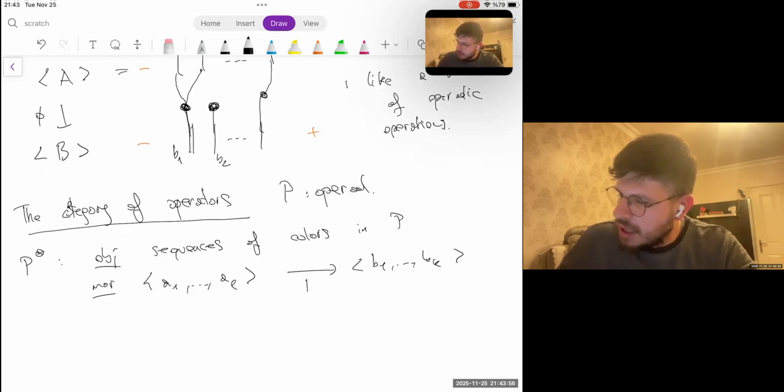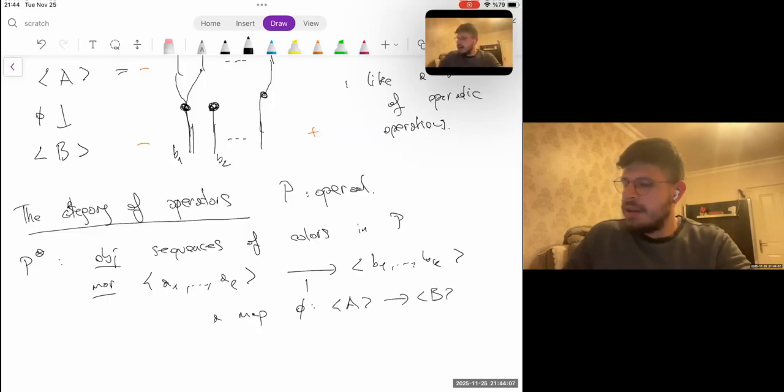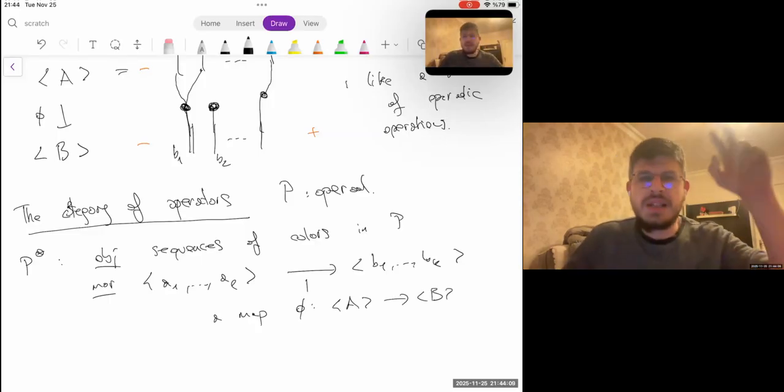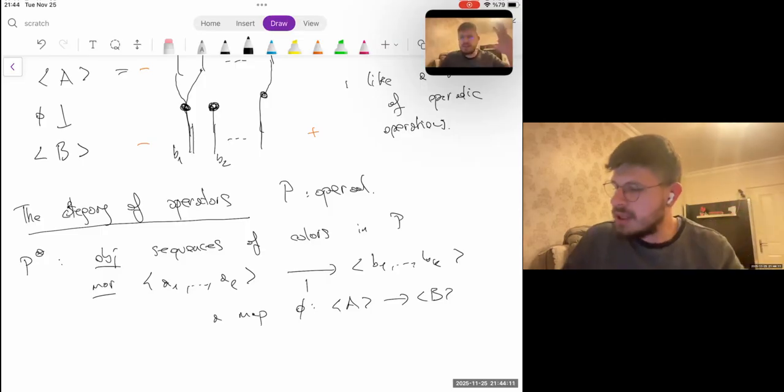Number one, a map, let me call it phi, from A to B, where A and B are sort of the sets of the same size as these sequences.